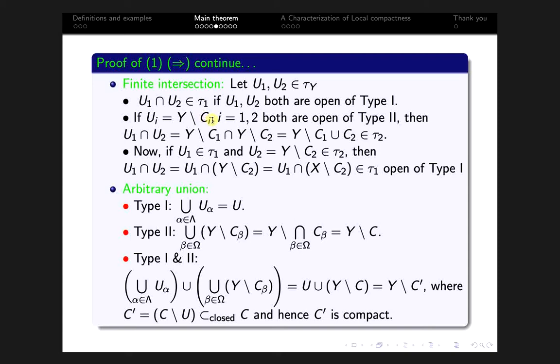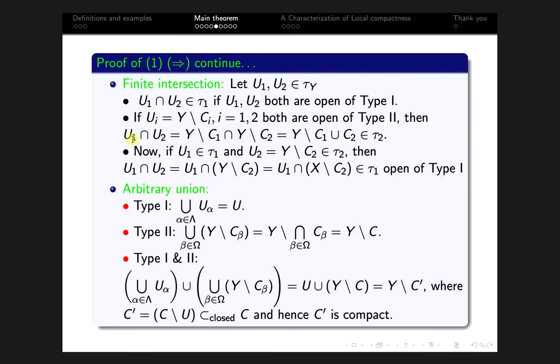Now if U1 and U2 both are open of type 2, then Ui equal to Y minus Ci for i equal to 1 to 2, where Ci, these are compact subsets of X. Now U1 intersection with U2: U1 equal to Y minus C1 and U2 equal to Y minus C2.